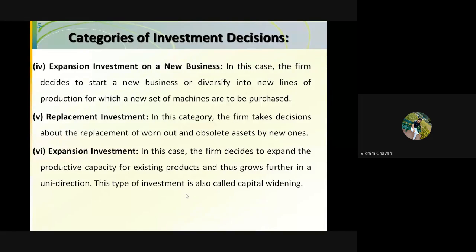Expansion is required, we know that, if the demand is more in the market for the product, and there is a continuous growth trend for the industry, and the present capacity is not fulfilling that particular demand. So in that case, one can expand their particular capacity.